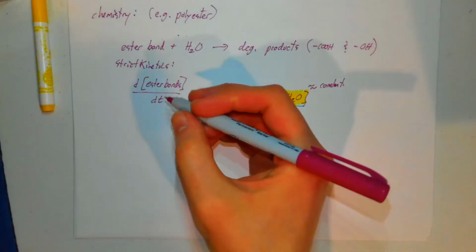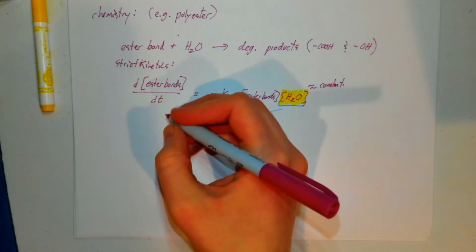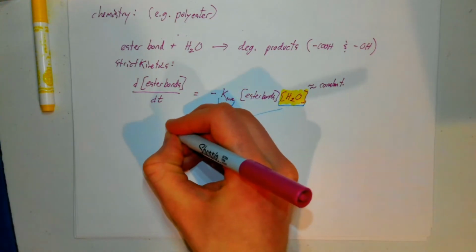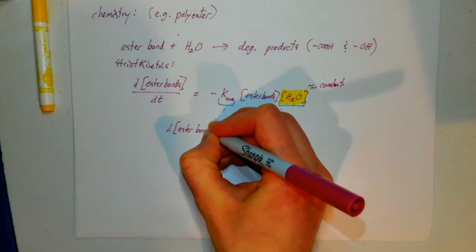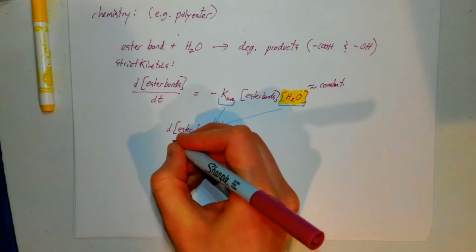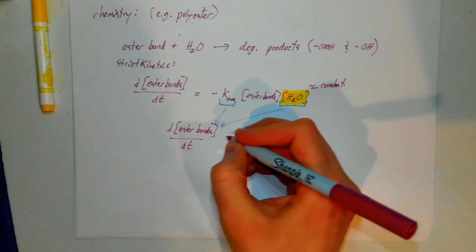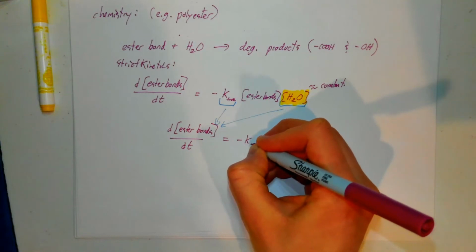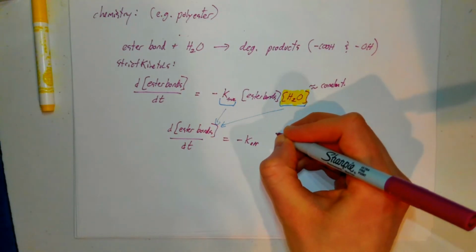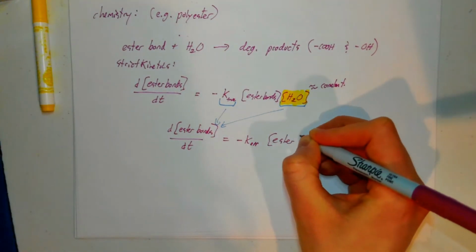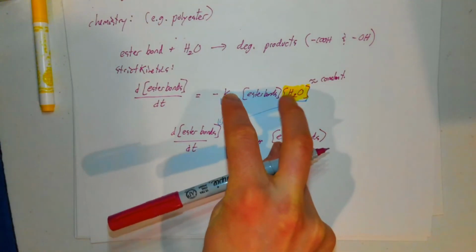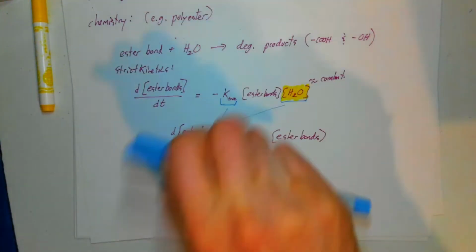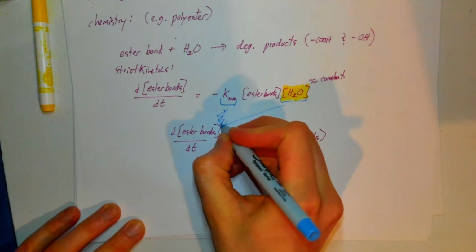So what's the deal here? In practice, people say the rate of change of the concentration of ester bonds is equal to minus some K effective times the concentration of ester bonds, where people have lumped the concentration of H2O into this K. Whoops, sorry, I have my arrows in the wrong place.